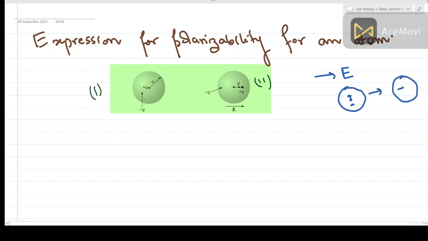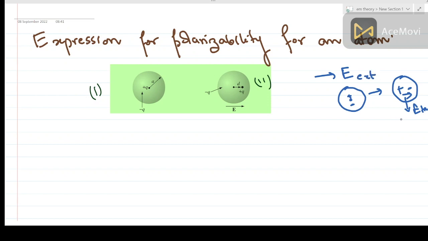There is a positively charged region and there is a negatively charged region. So there is a small separation between the positive and negative charges, and there is an electric field that acts inside this material. And an equilibrium is established between the external electric field and the internal electric field or the induced electric field.